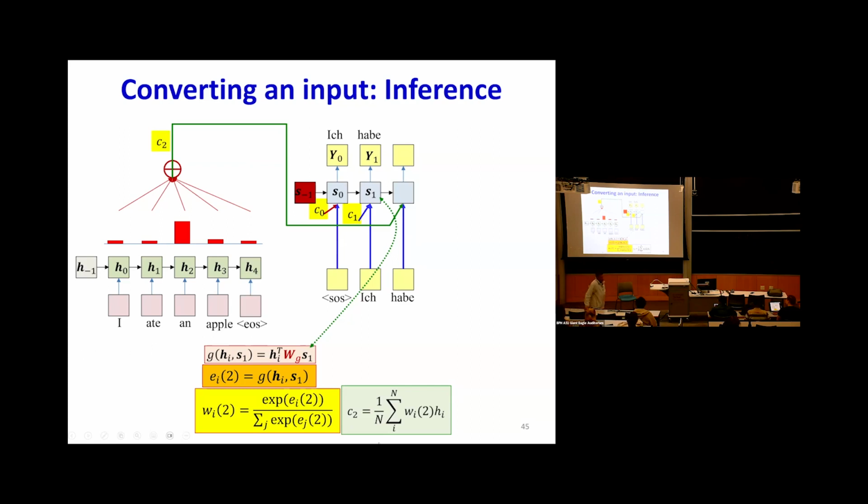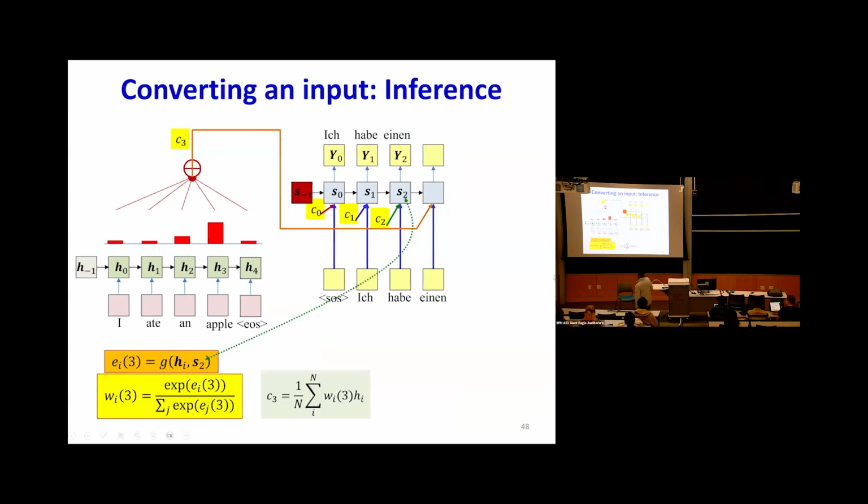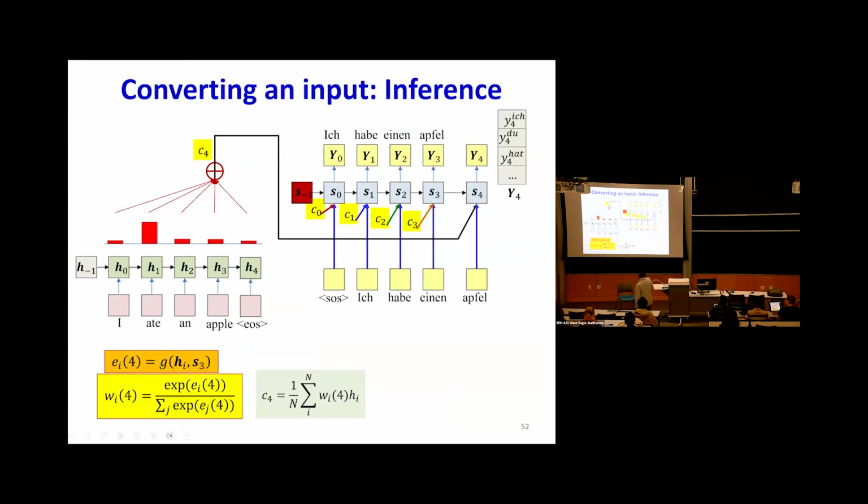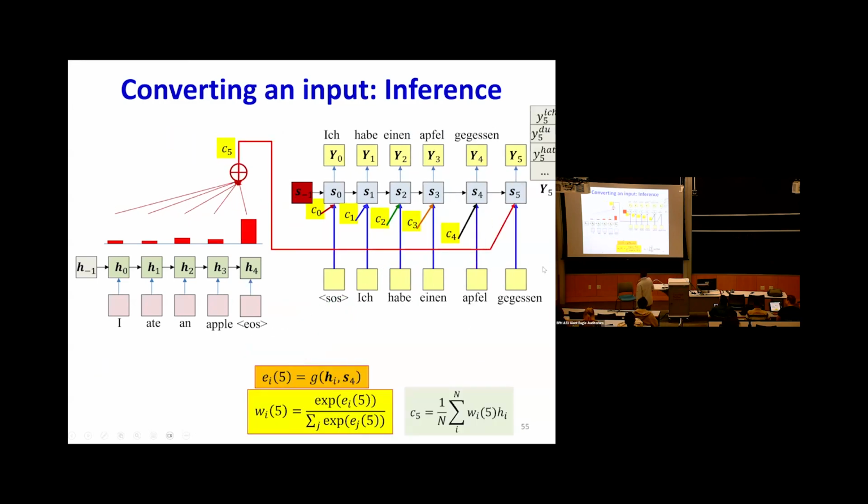And so at each output index, you're going to be using the hidden state at the previous output to compute the raw weights, and from those, the attention weights themselves. And those you would use to compute the context. And this would continue all the way until you actually generated an end of sequence marker, right? So the process is very straightforward, nothing particularly complicated.